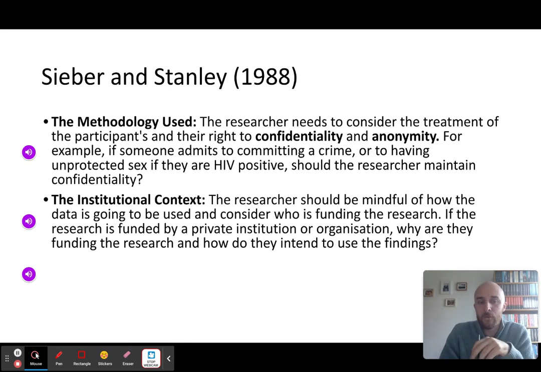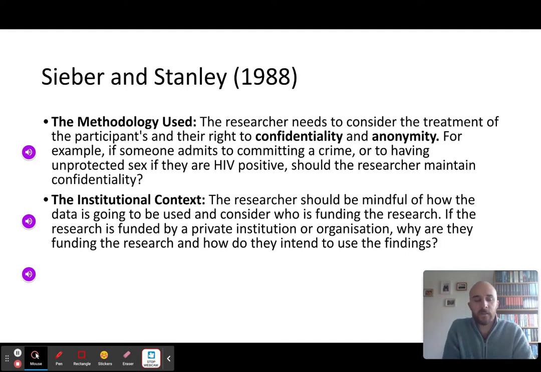So Sieber and Stanley also said that you need to take into account what's called the institutional context. What this means is basically who is funding the research. Let me give an example.